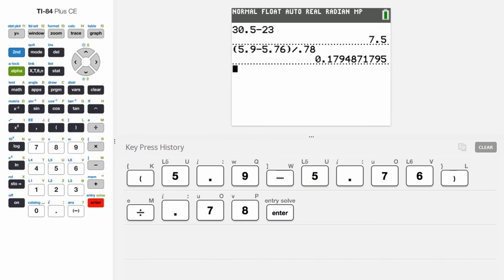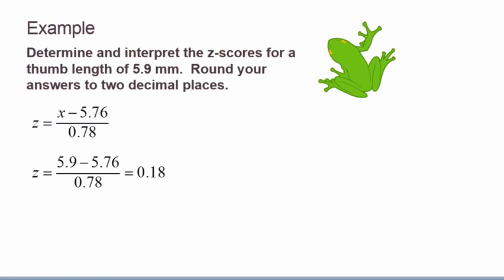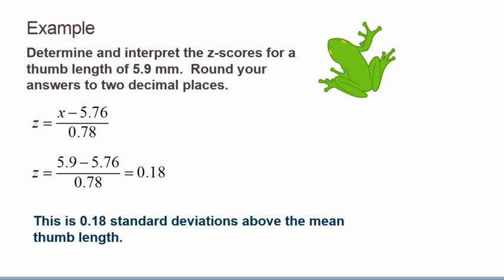Enter, and we get 0.179487. So z equals 0.18. To interpret our solution, this is 0.18 standard deviations above the mean thumb length because it is a positive z-score.